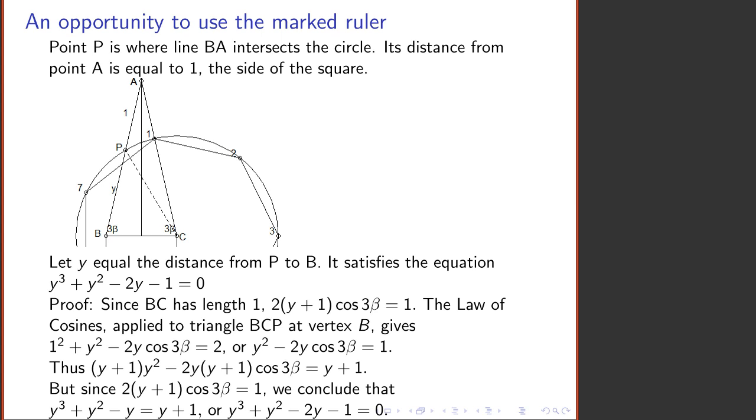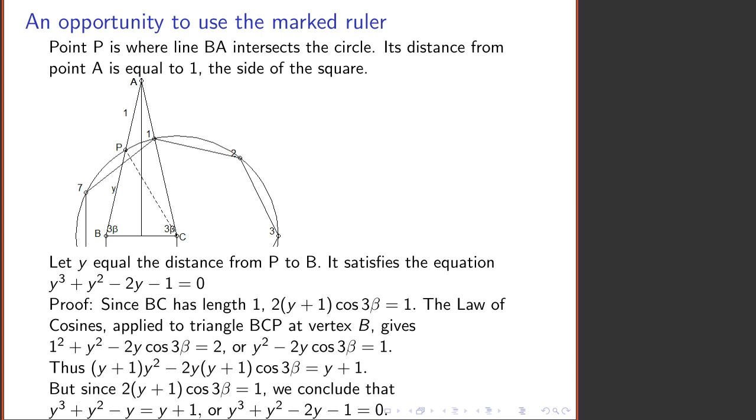This is not a right angle, so I can't just use the Pythagorean theorem, but I can say that if I apply the law of cosines at vertex B, I find 1 squared plus y squared minus twice 1 times y times cosine 3 beta equals the length PC, and since that's the radius of the circle, its square is equal to 2. If I subtract 1 from both sides, I get y squared minus 2y cos 3 beta equals 1.